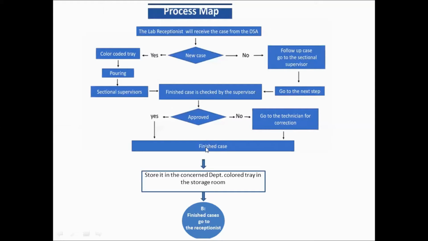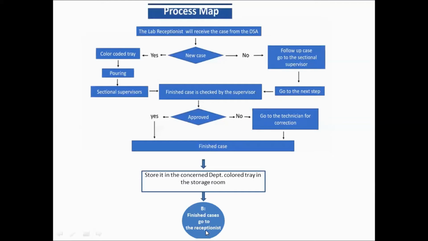When the dental case is finished, store it in the concerned department's colored tray: red if resto, green if endo, yellow if ortho, and the finished cases go to the receptionist.